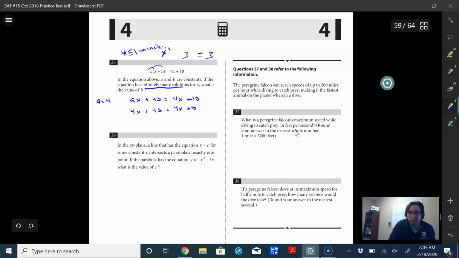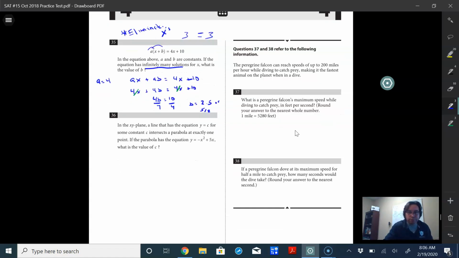From that point, we know that the x's are gone because we're eliminating those. We're reducing down, so now we have 4b equals 10. Divide by 4, and you get b equals 2.5, or 5 halves. Either one of them. 5 halves would be the correct answer choice.